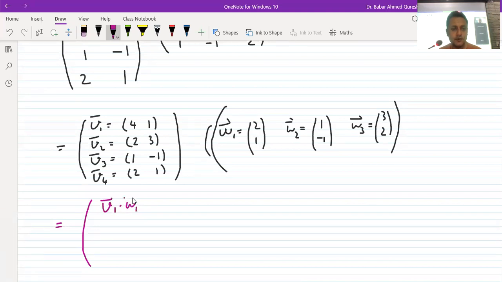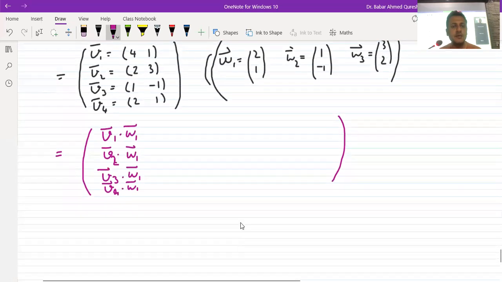First take the first column vector and dot all the rows with it. That should give you the first column. And so on.